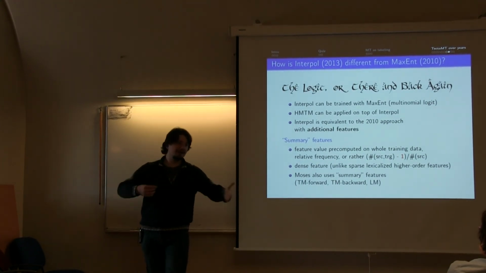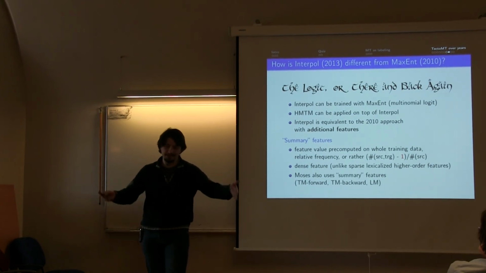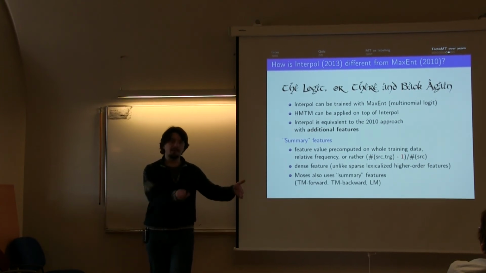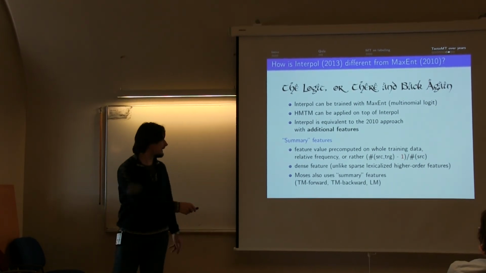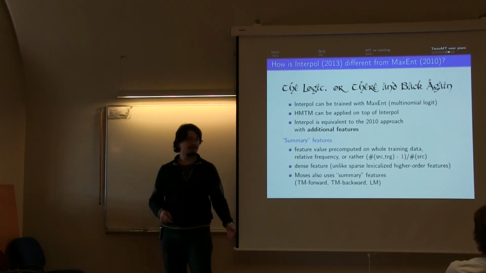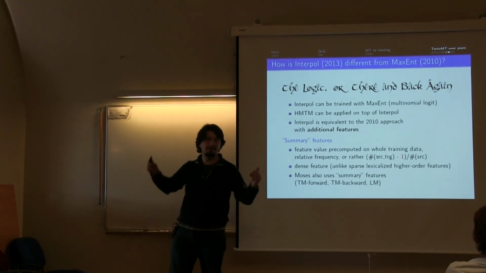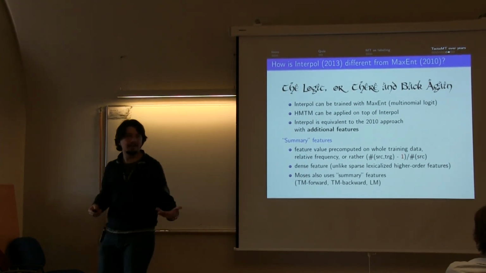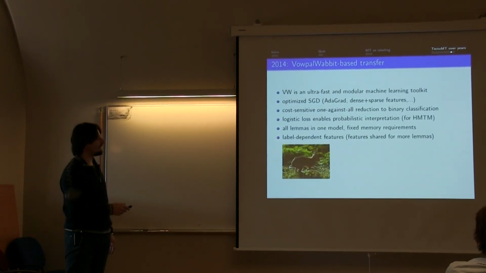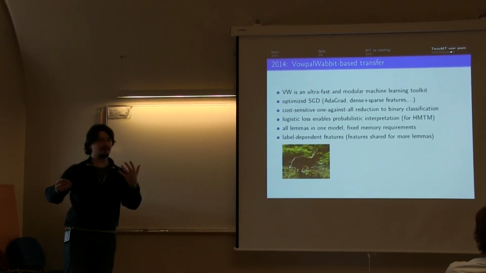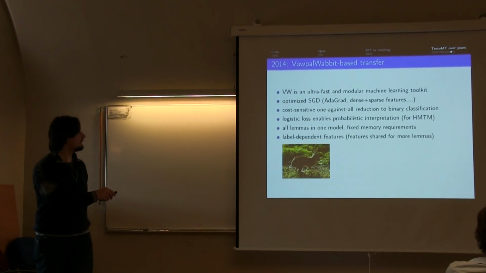Or maybe I have bucketed it according to the size of the treelet, so there are 10 features, but each time I see one of those 10 features, no matter what word it is. But the lexicalized feature, when it says dog translates as pes, if the parent is bark, is quite rare, sparse. So it's sometimes a problem for machine learning to train both sparse and dense features, but Vowpal Wabbit can handle this.